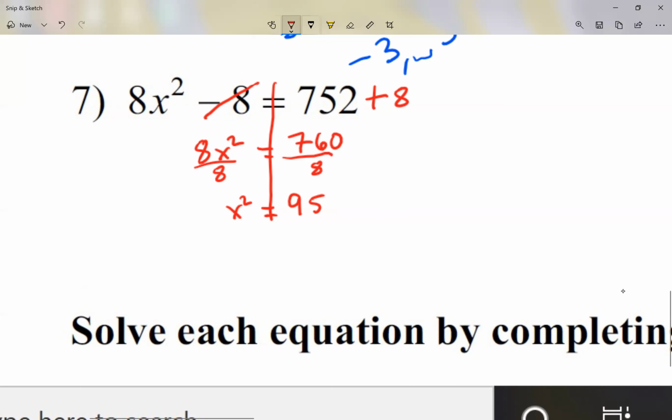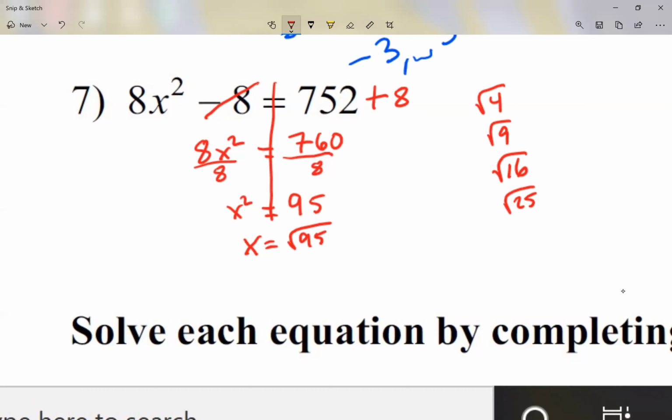So that means that x is the square root of 95. Okay, so 95, I know my perfect squares. Square root of 4, square root of 9, square root of 16, square root of 25.